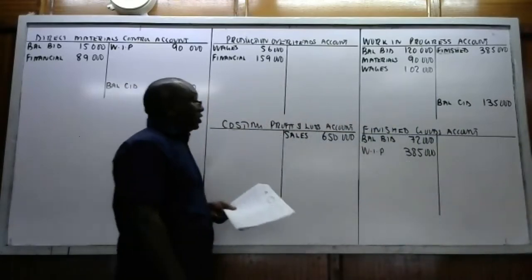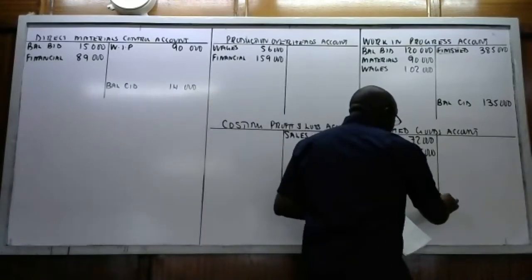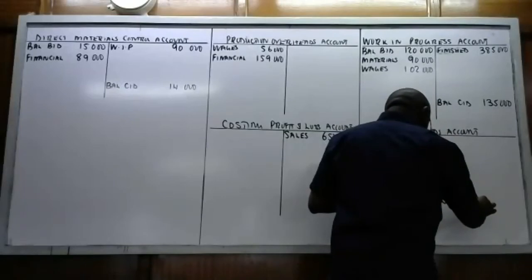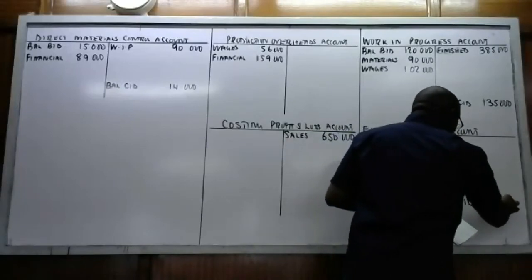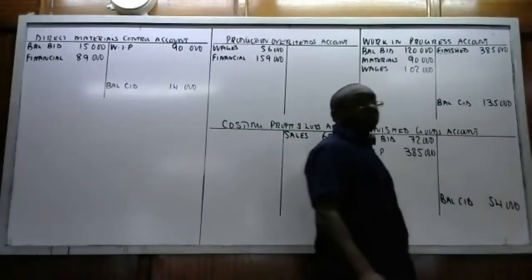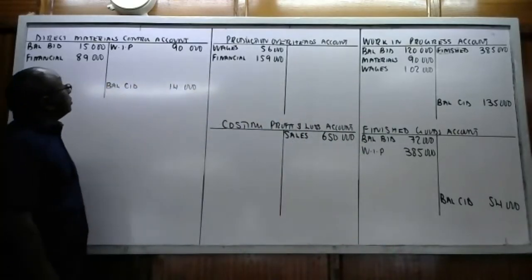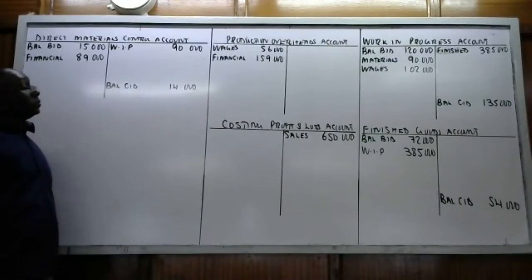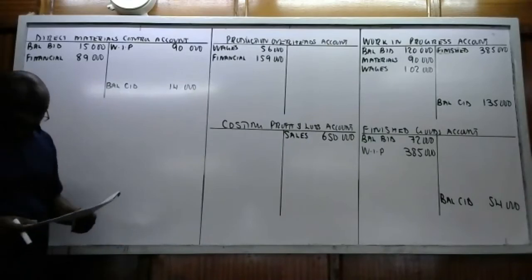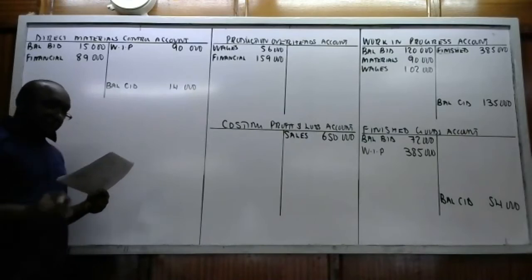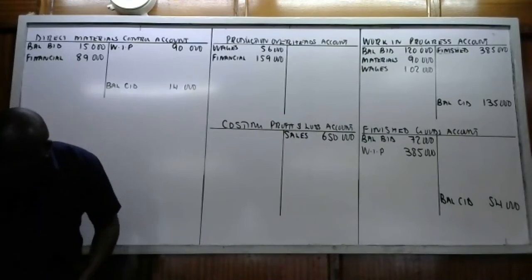And for the finished goods, balance carried down is 54,000. That is all the information that we are given, plus the one that is up there, and we'll see how to go about it.